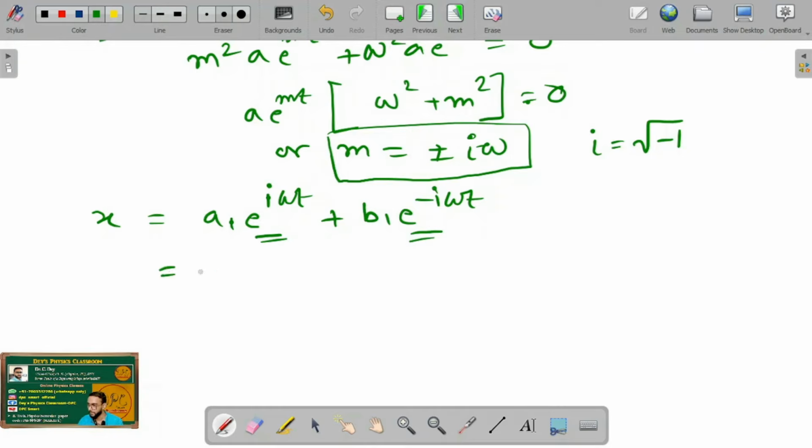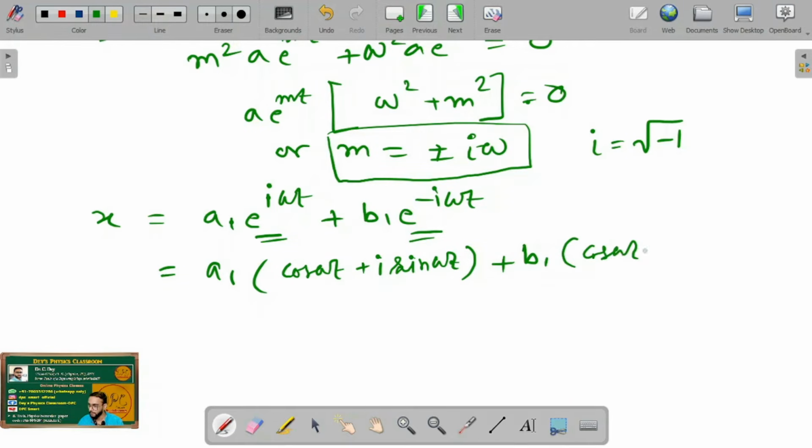So we can write a1 into cos omega t plus i sin omega t, plus b1 into cos omega t minus i sin omega t.